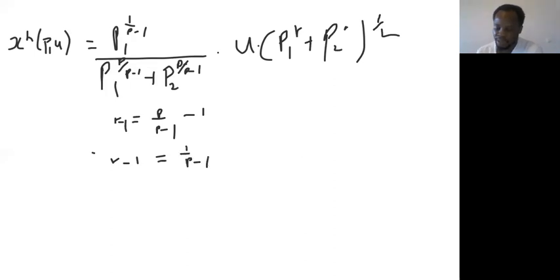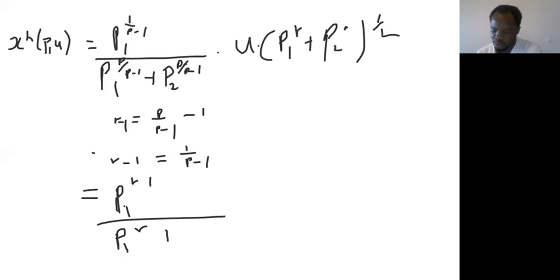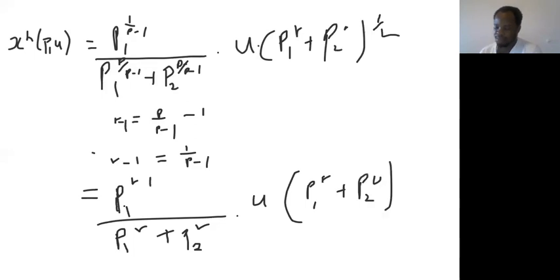So instead of this, I'm going to write p1^(r-1) all over p1^r plus p2^r, multiplied by u into brackets (p1^r + p2^r) to the power 1 over r.